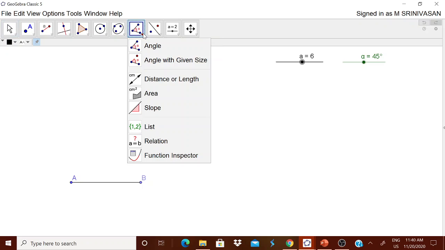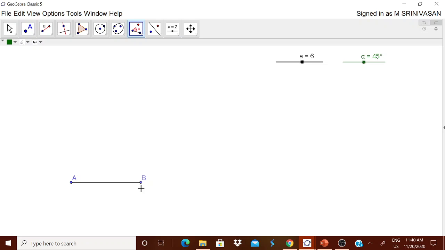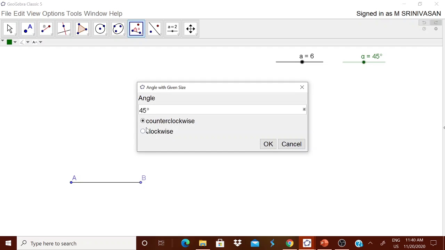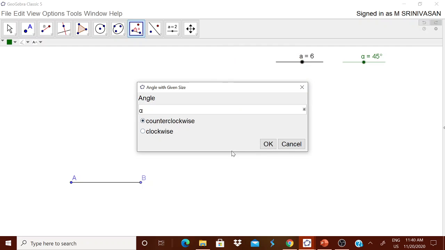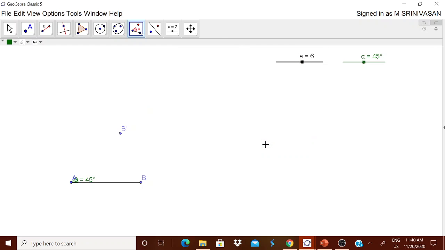Go to this angle. Now I have to draw both the base angles which are equal for an isosceles triangle. I am taking the angle with given size. Touch this B, touch that A. It will ask you what angle you want. Here you have to select alpha, because I want alpha to be the base angle. Okay, click OK.